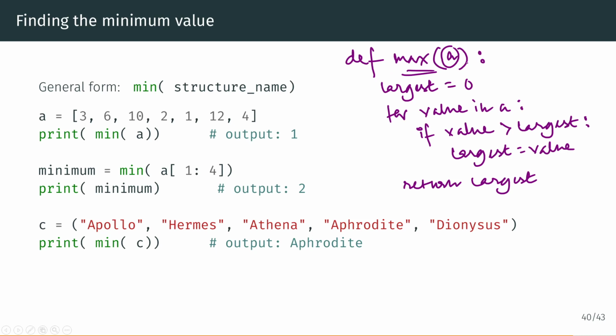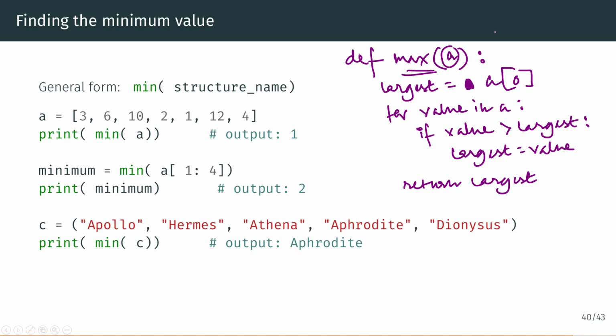If you want to make it a little more robust, instead of setting the largest to 0, you'd set the largest to be the first number. You say largest equals A[0]. If you do that, it's a much more robust way of doing it, because now A can be any numbers, it can be strings even.